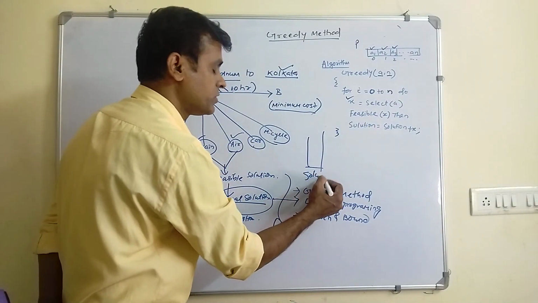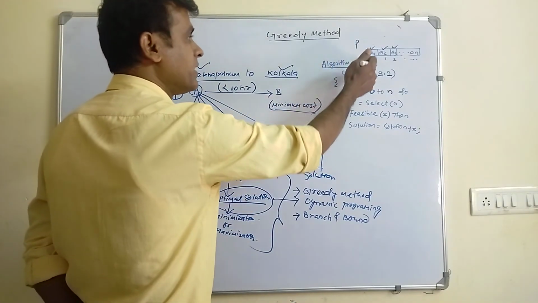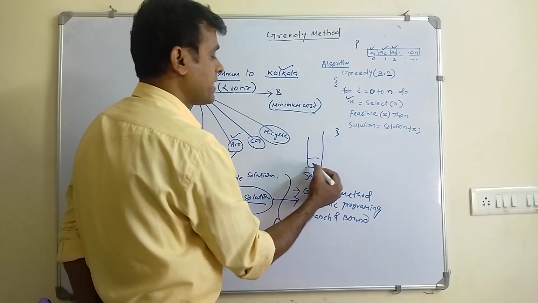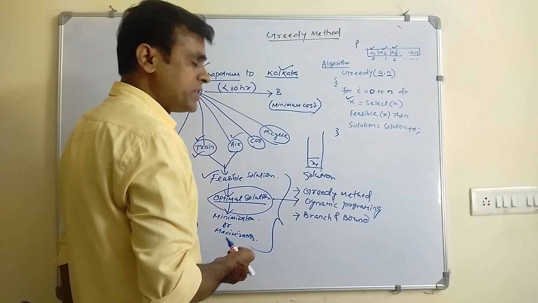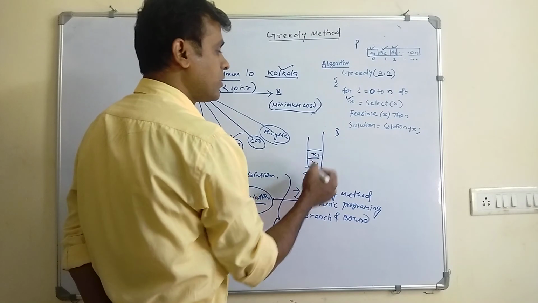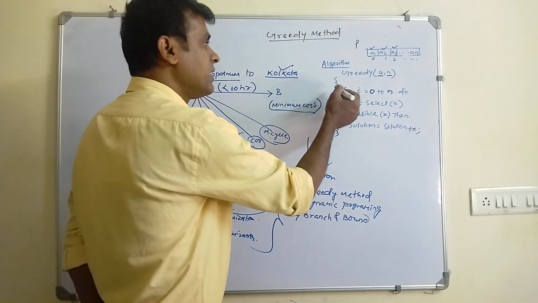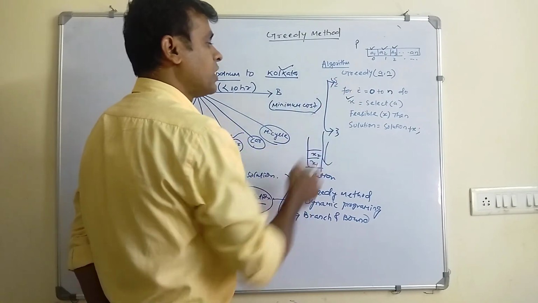Suppose this is my solution vector, and if I find that A1 can be solved by X1, then I can say X1 is my feasible solution. If the A2 problem can be solved by X2, that will also be added to my solution vector. So the greedy method will give you all the feasible solutions.